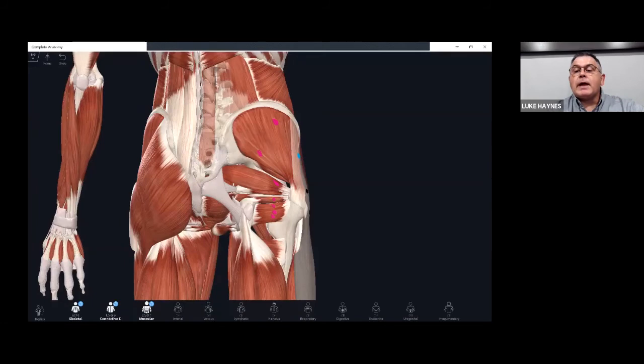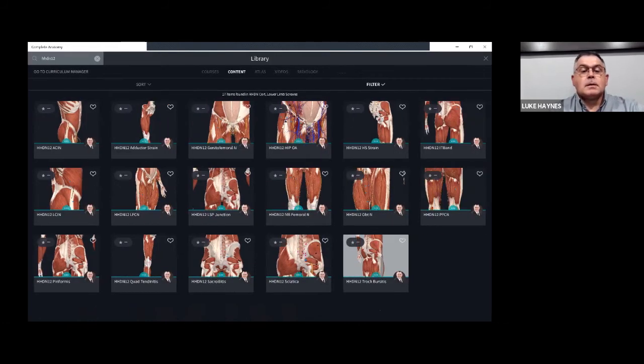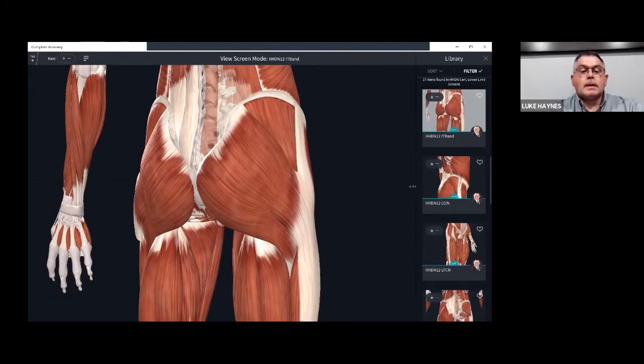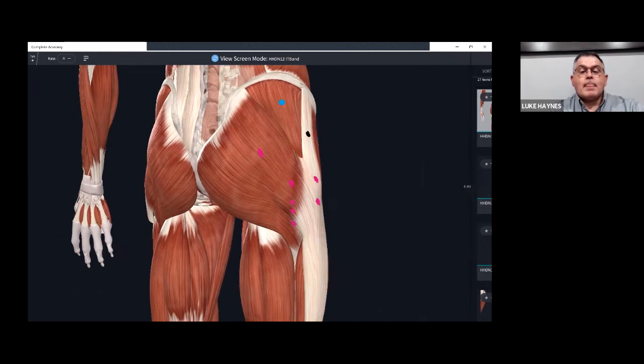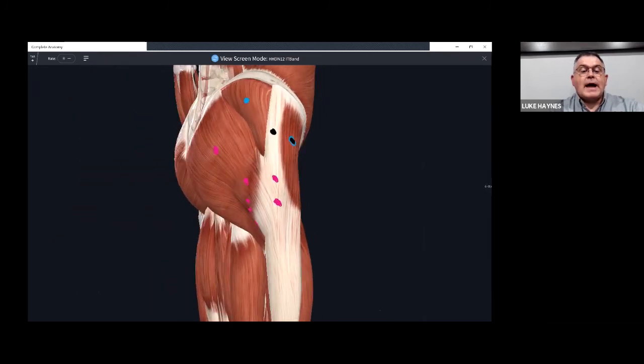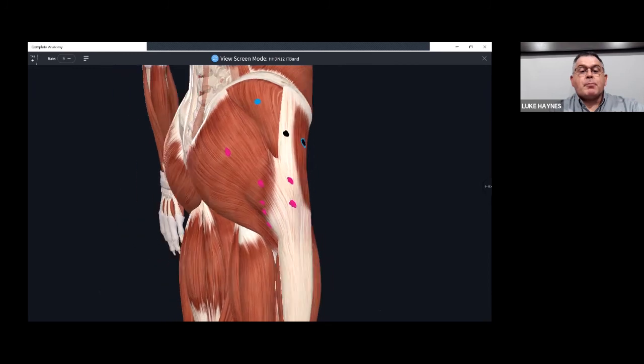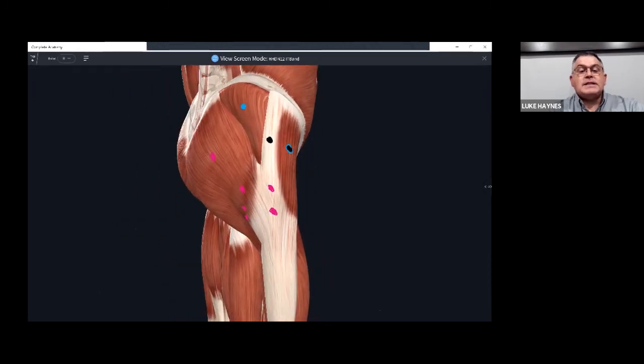IT band. Let me bring the library up. Again, for IT band, our primary is going to be into the IT band, so we will thread through the bulk of that muscle right here.